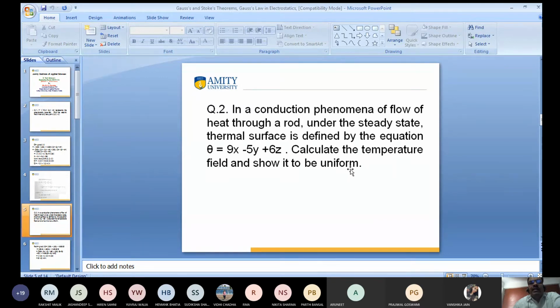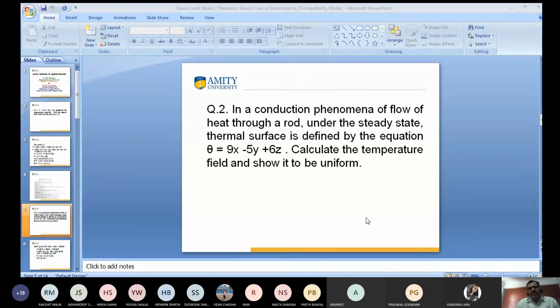Grad theta is equal to del theta. It is the same question as before, but here it is only theta, because temperature is a scalar point function, so we take the gradient of temperature.